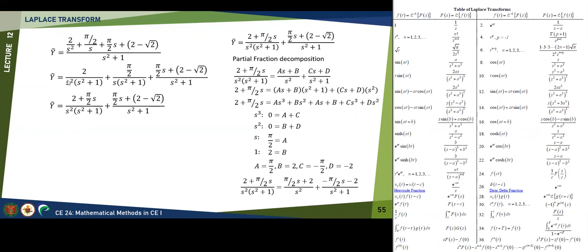Medyo nakaka-intimidate yung maraming fractions; however, manageable naman ito. So you have here pi over 2s plus 2 over s squared plus dito over s squared plus 1.